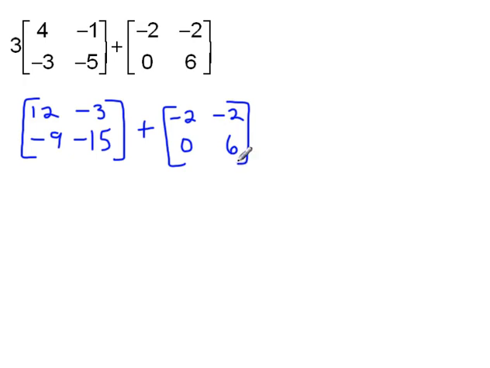Now since both of those matrices have the same dimensions, I'm going to do matrix addition. 12 plus -2 is 10. Moving over, -3 plus -2 is -5. Then we'd have -9 plus 0 is -9. And -15 plus 6 is also -9. So that would be the scalar multiplication with addition put together.